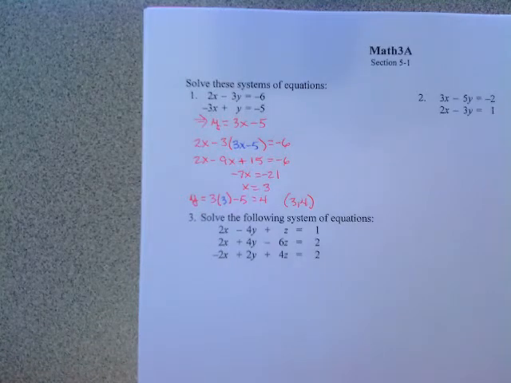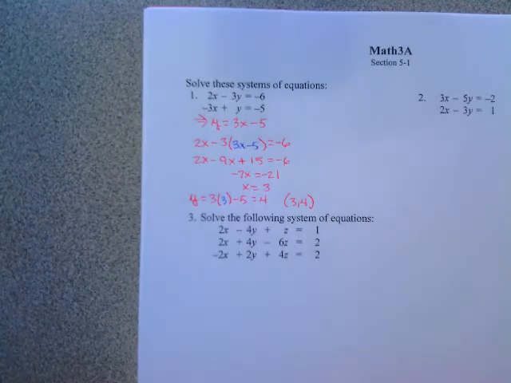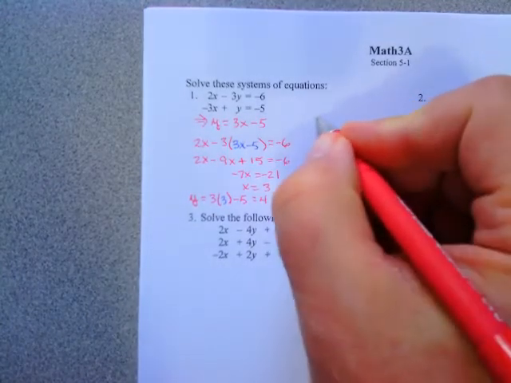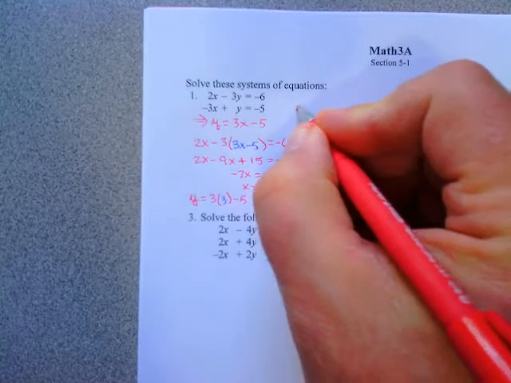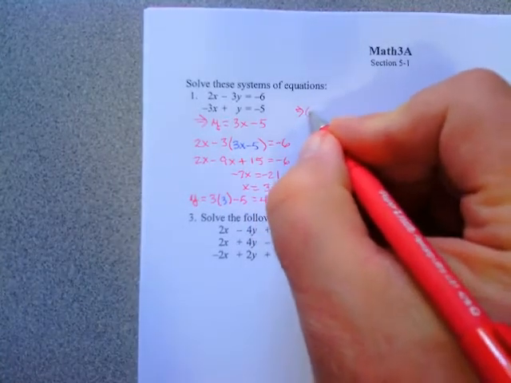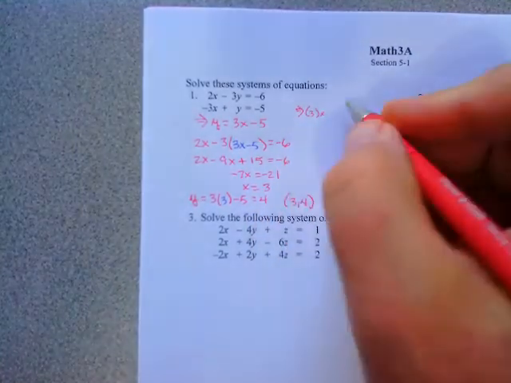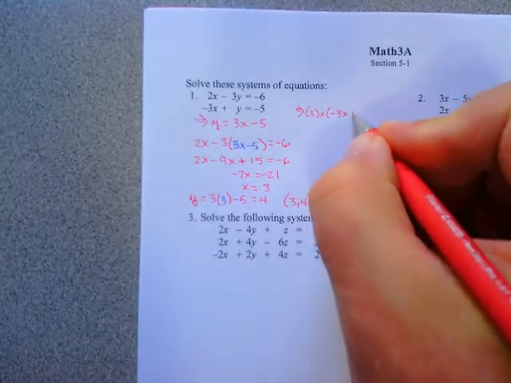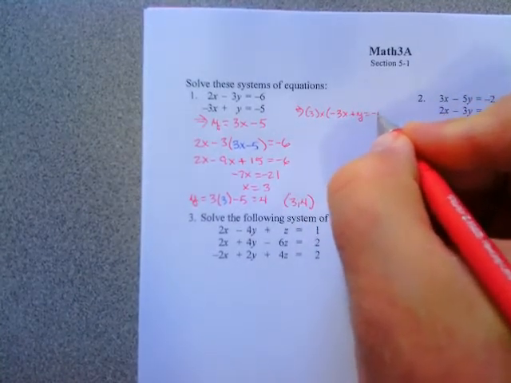Now, I could have also done this using the elimination method. So, for example, I could have taken the second equation and multiplied it times 3. So let's go ahead and look at that. We're going to do 3 times the negative 3x plus y equals negative 5.